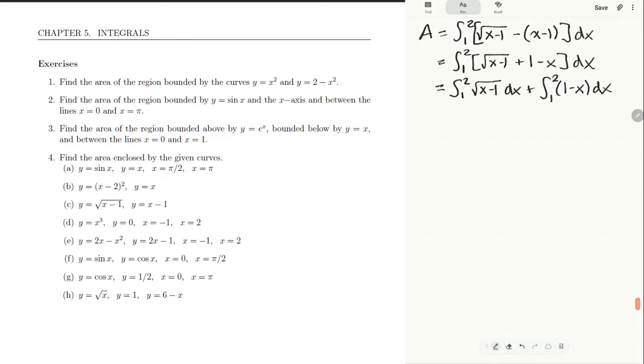So to handle the left integral, we will use a substitution. We'll let u be x minus 1. So du over dx is equal to 1, which means that du is equal to dx. So we substitute this into our integral. We have the integral from x equals 1 to x equals 2, u to the 1/2 du.